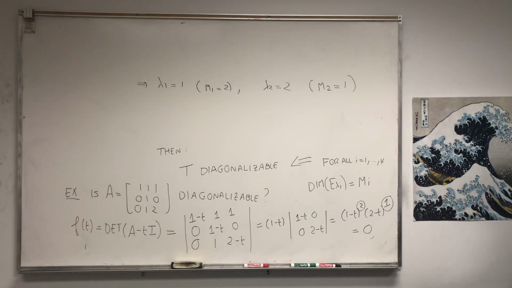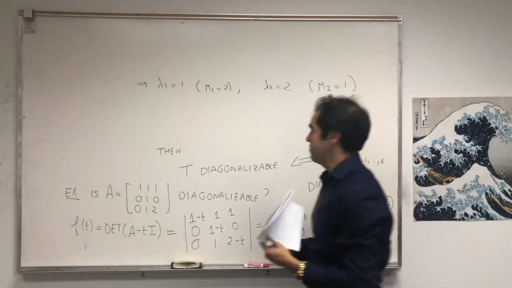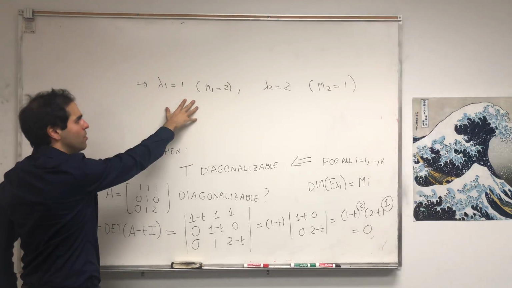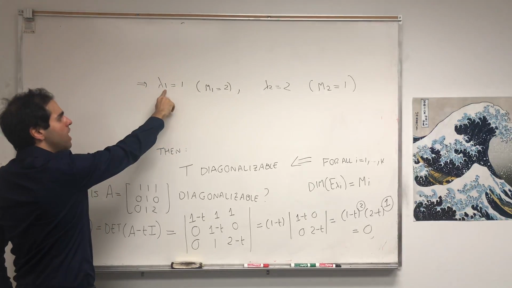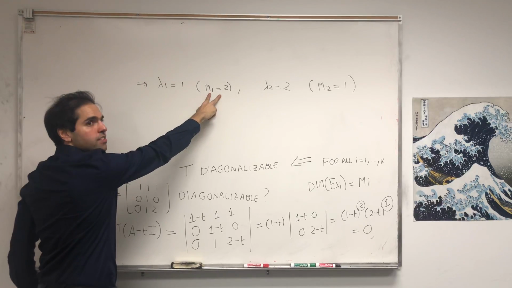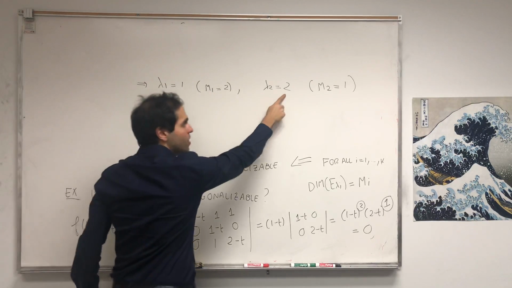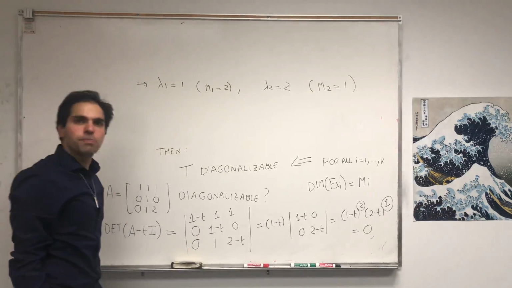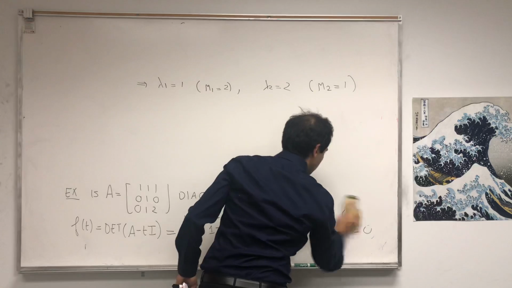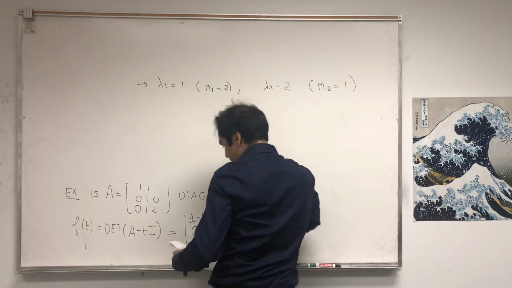And what we need to show is essentially this: in order for it to be diagonalizable, it's enough to show that for this eigenvalue, the eigenspace is two-dimensional, and for this eigenvalue, the eigenspace is one-dimensional. And well, let's do that.